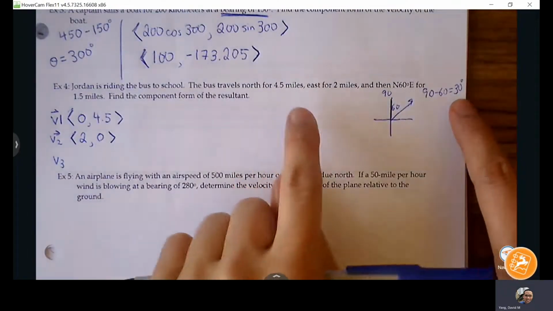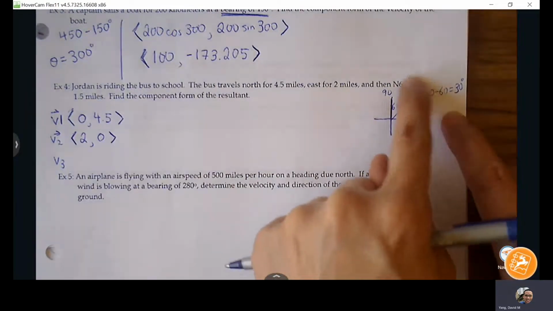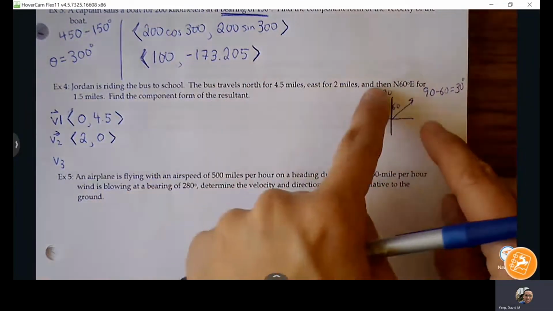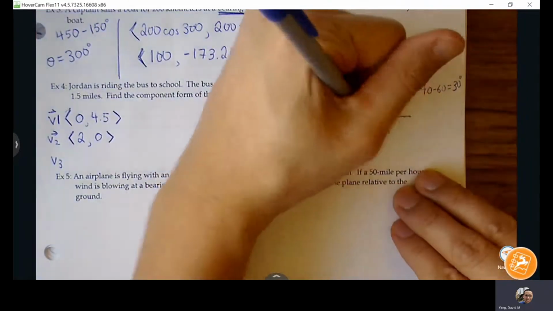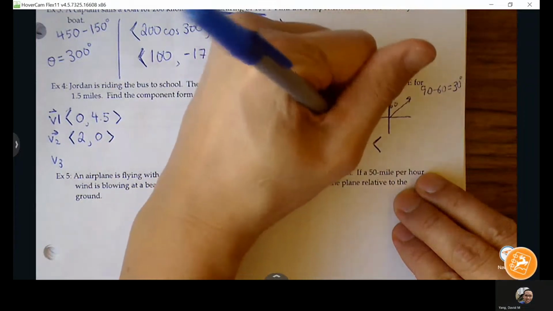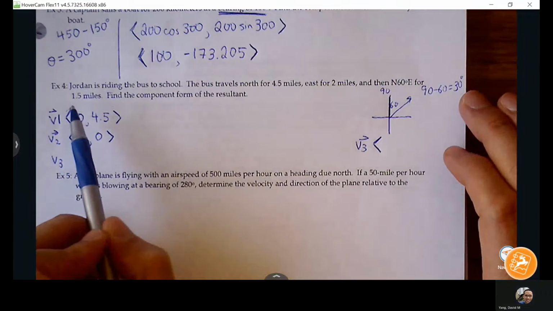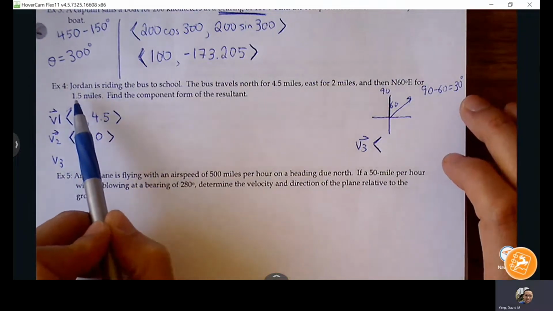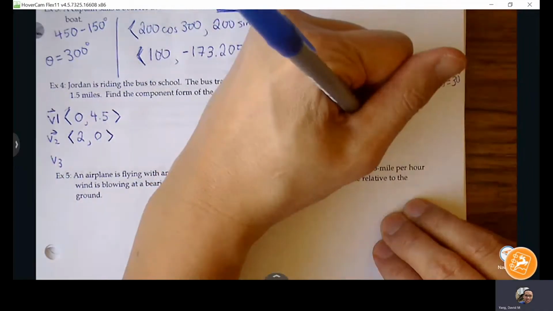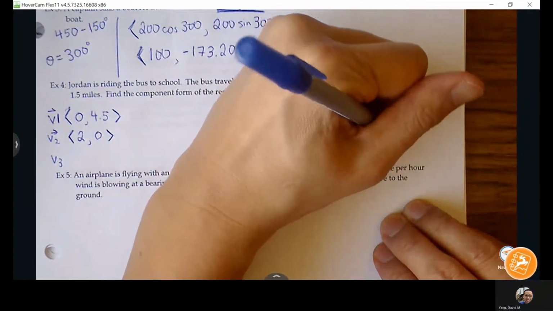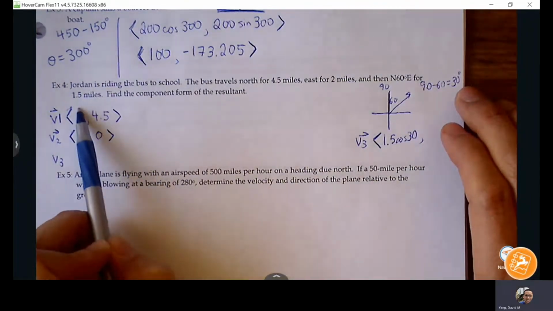So we're just going to take this information and create the component form just for this third path of the bus. So vector 3 is going to be 1.5, the magnitude, cosine 30, and then 1.5 sine 30.